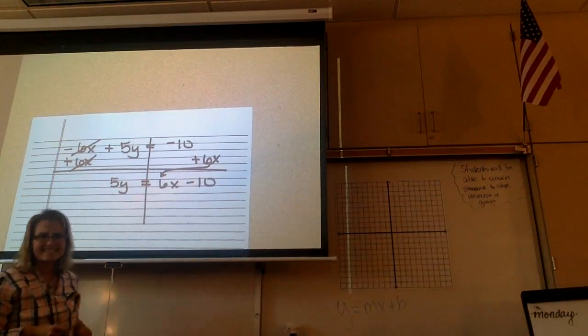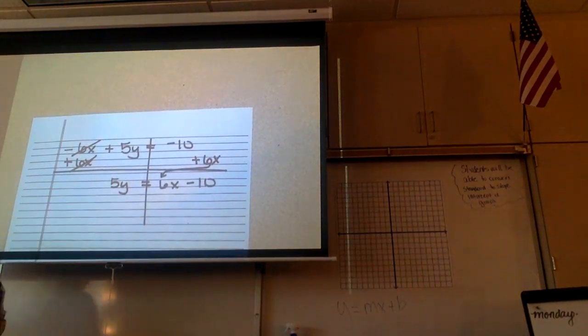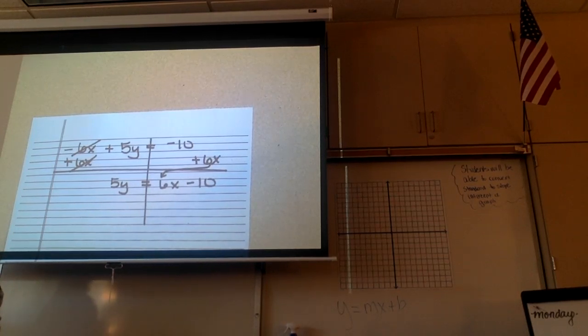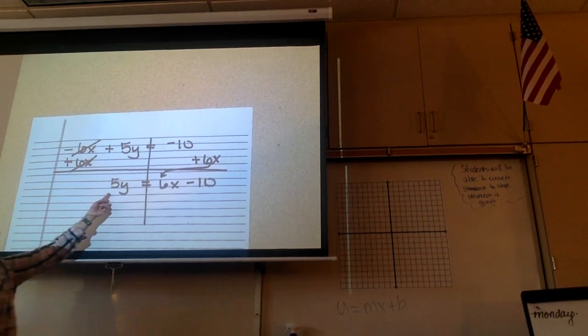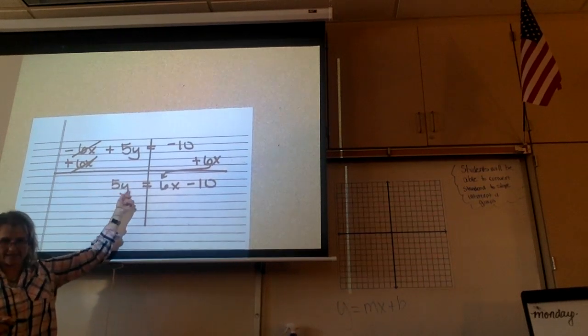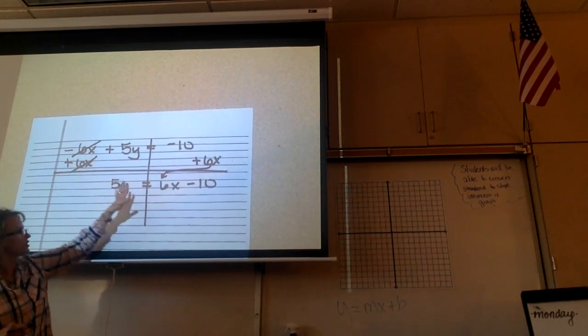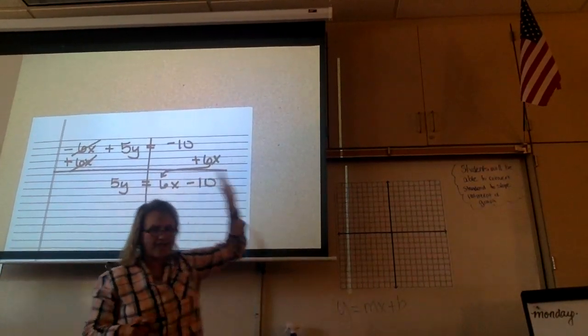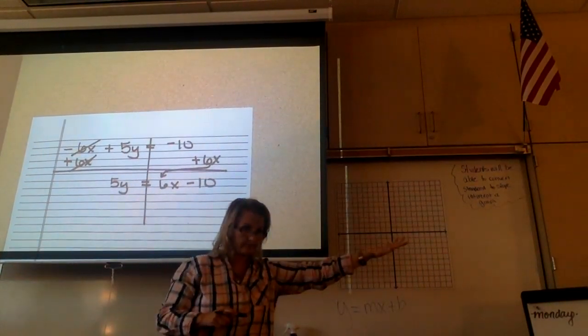All right. What is step 3? Divide by the y's coefficient. What is the coefficient of y in this case? 5. Yeah, I need to divide by 5 because right now these guys are stuck together with multiplication. So I need to divide by 5, divide by 5, divide by 5. Every term.